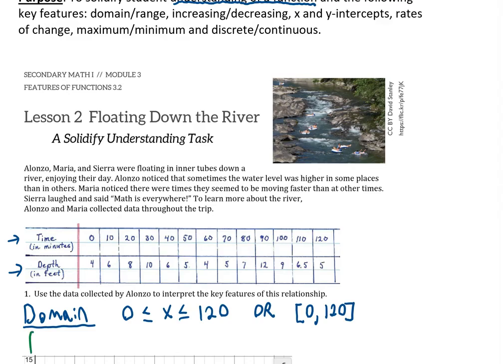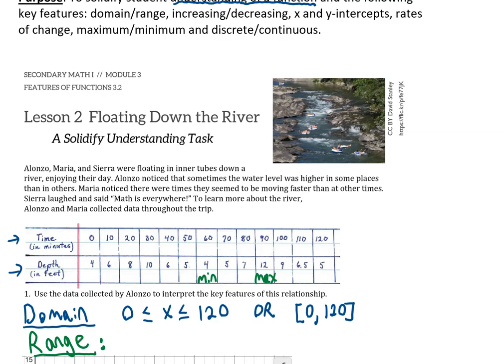Now I could also think about the range, the y values. Let's look and see what's the lowest value of depth. Right here we have 4, so we can label that as a minimum. And the highest value of depth is 12. That's a maximum.